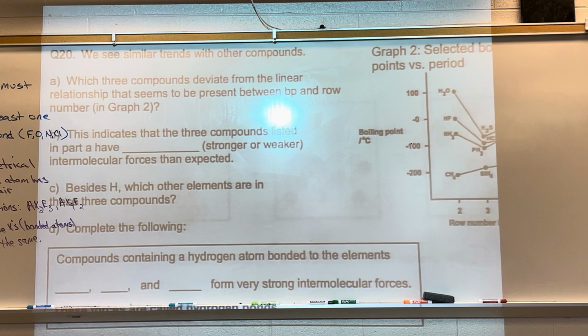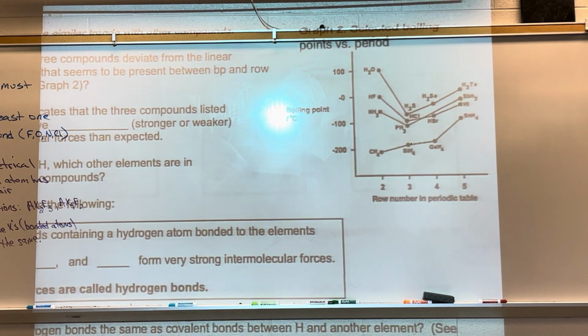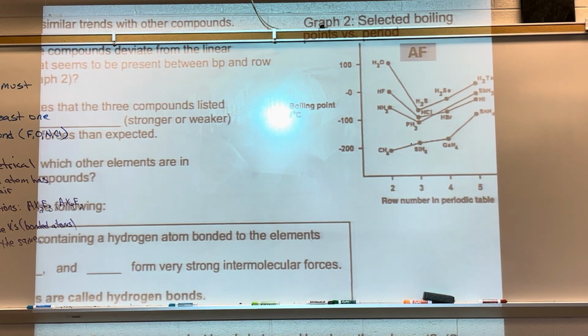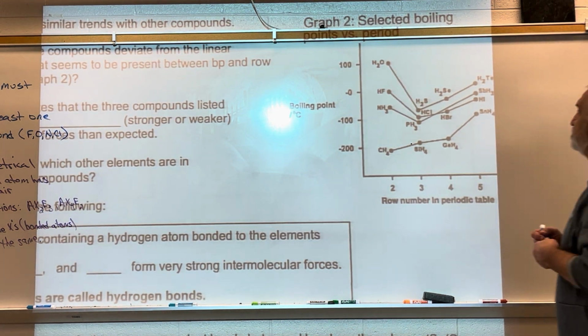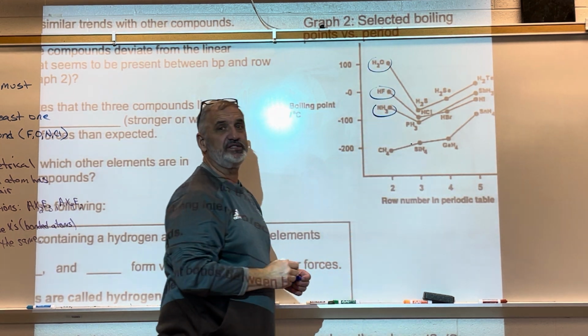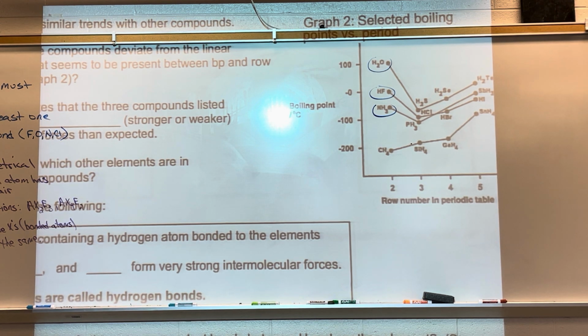Which three compounds deviate? Which three compounds kind of deviate from the trend here? H2O, HF, and NH3. Okay? I think it's pretty obvious that those three compounds deviate, are anomalies in our graph.